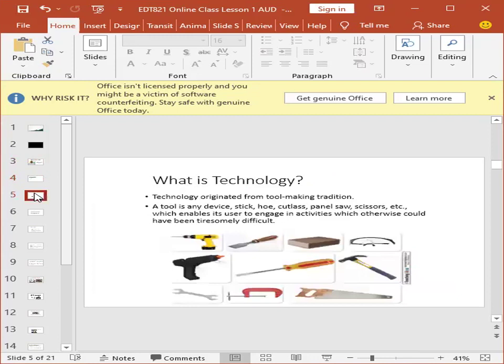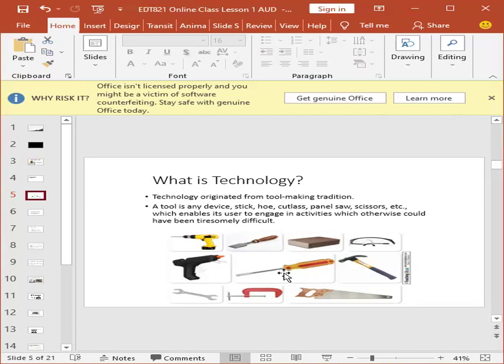We need to ask this question: what is technology? Technology originated from tool-making tradition. A tool is any device like stick, hoe, cutlass, panel saw, scissors, hammer, spanner, screwdriver, and so on and so forth.